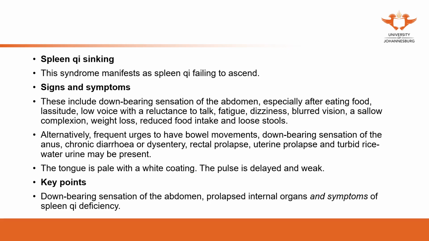The tongue is pale with a white coating, pulse delayed and weak. So most importantly, in this syndrome the patient will have a down-bearing sensation or collapsed internal organs. So these are some typical manifestations.